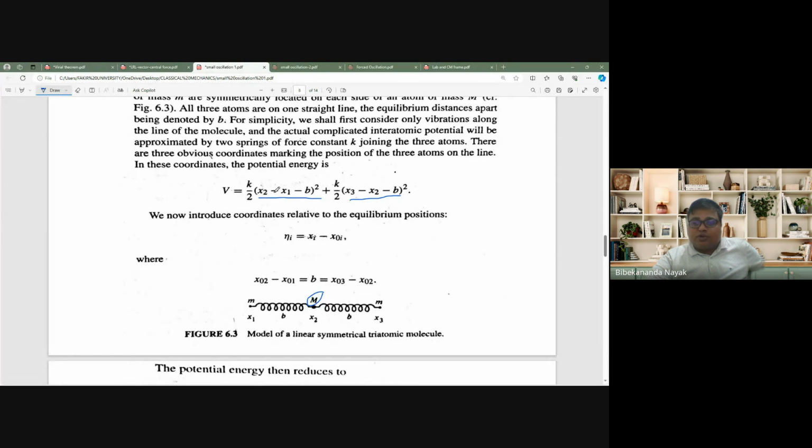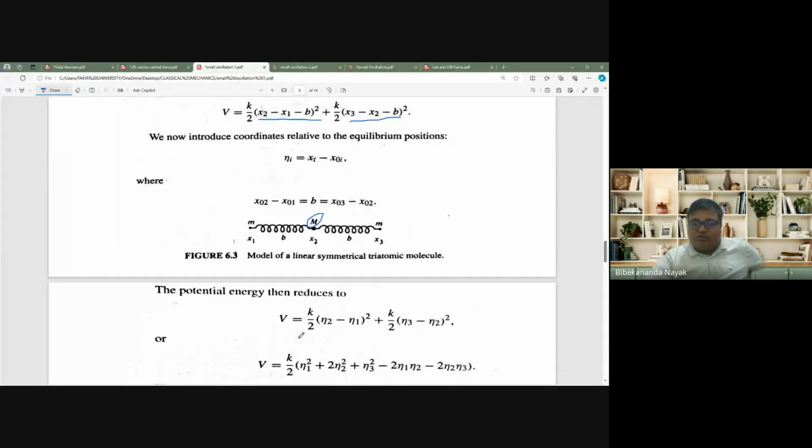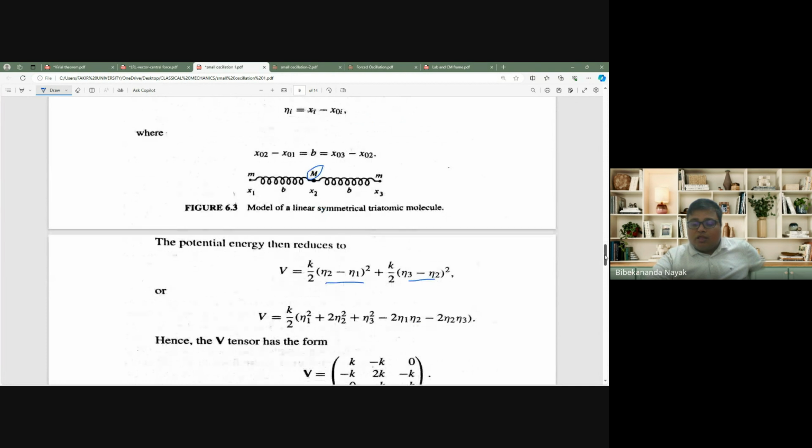So half k x squared for each, you write this. Okay, and using the coordinate eta_i, we can express everything in terms of eta_i. Actually, the potential energy is half k times (eta2 minus eta1) squared plus (eta3 minus eta2) squared. This is the potential energy of the system. So opening this whole square bracket, you find this.